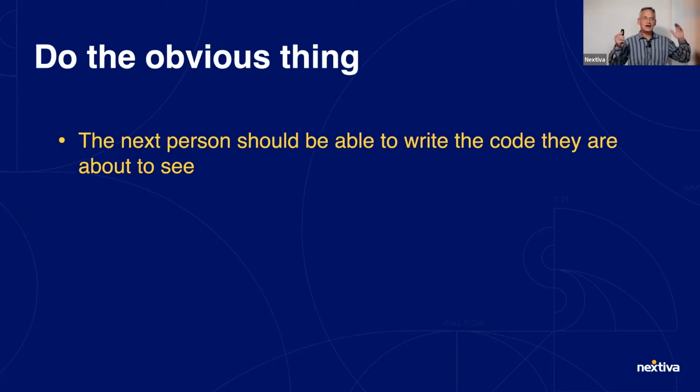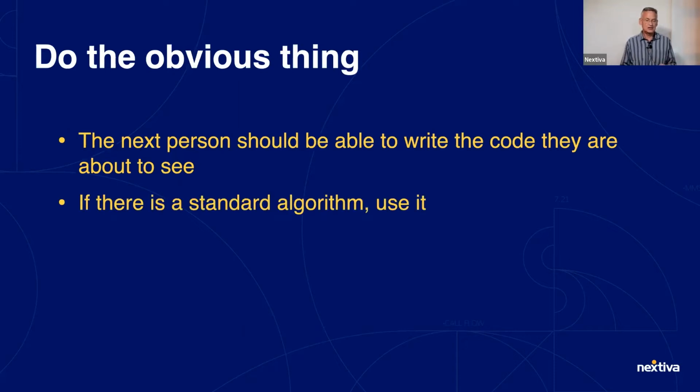I've enjoyed looking at code where you can see what's going to happen and go write it yourself and see, oh, that's in fact what they did. That's a beautiful thing. And it gives you that sense of empowerment too, because that means you're part of that code.